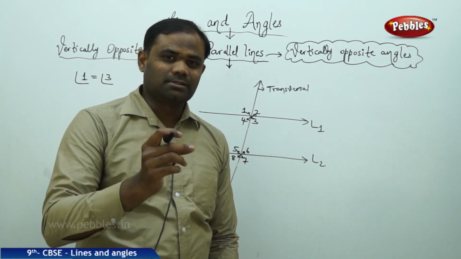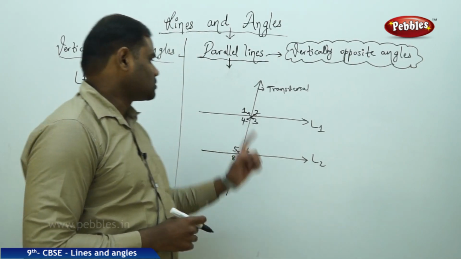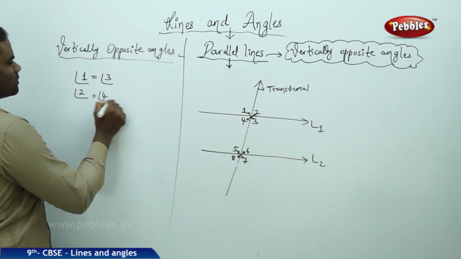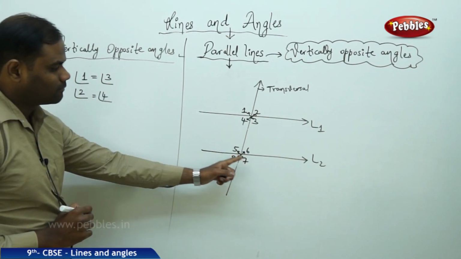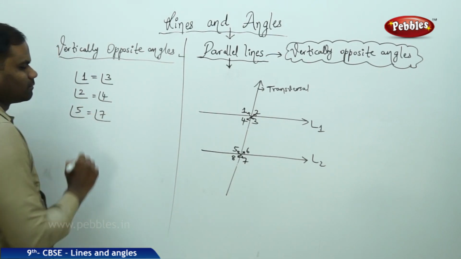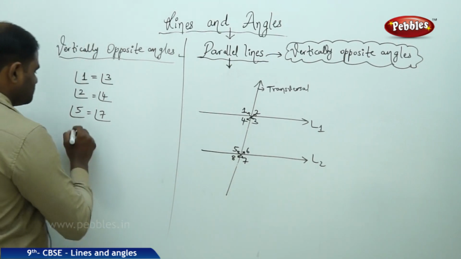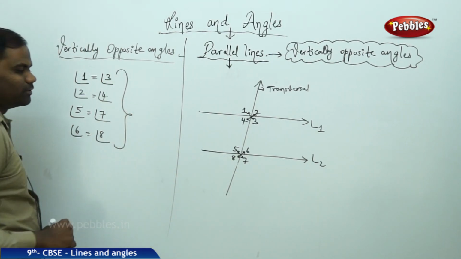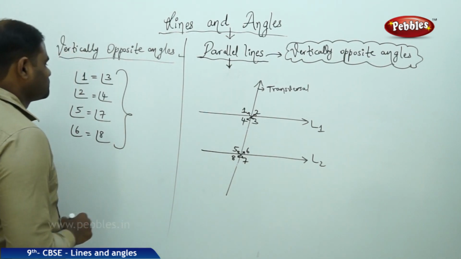Vertically opposite angles are always equal. So 1 equals 3 and 2 equals 4. Similarly, 5 and 7 and 6 and 8 are all the possible pairs which are equal in parallel lines.